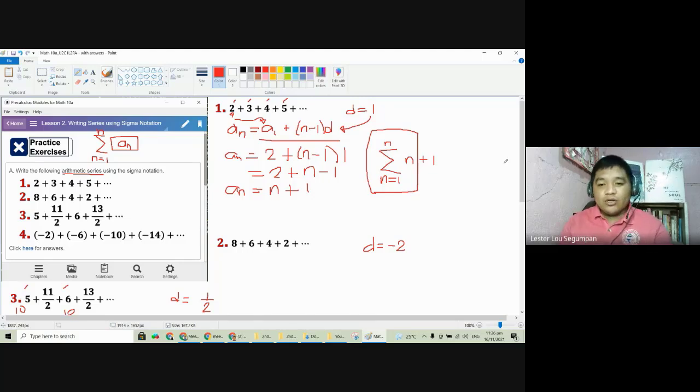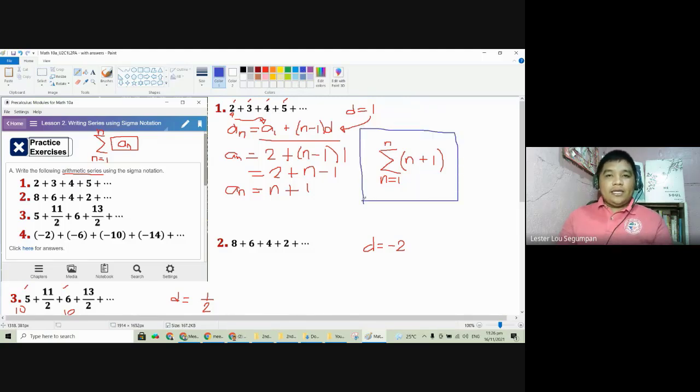We need to make sure that the quantity stays as a quantity. So that's the quantity n plus 1, and we need to place a parenthesis here. This is the arithmetic series in summation notation that could describe all of the sums for any n you want. This is the process for this practice exercise.